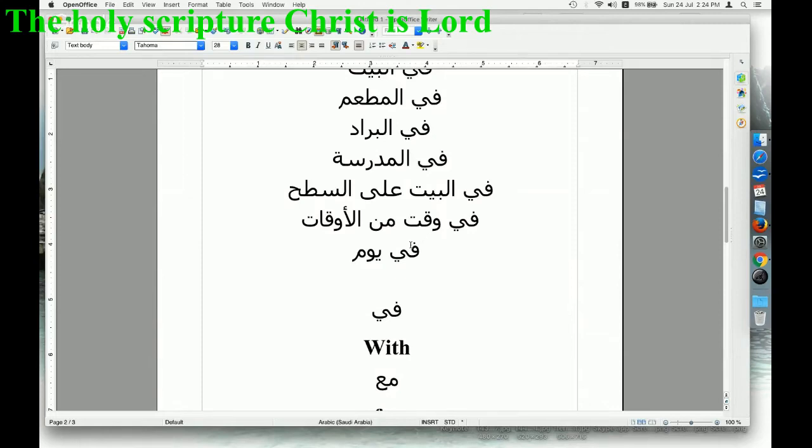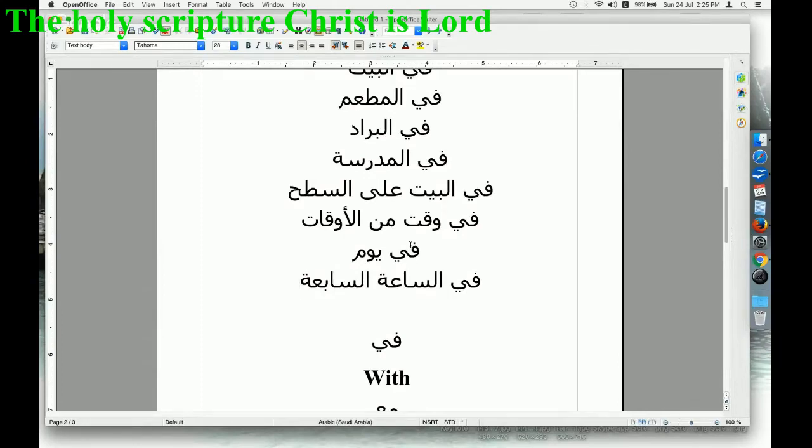So if I want to say to you, I want to meet you, what time can we meet, you can say في الساعة السابعة, which here presents "at" in English, at 7 o'clock. الساعة, it's the time, the clock, and السابعة, it is the 7. In English we say the 7th.